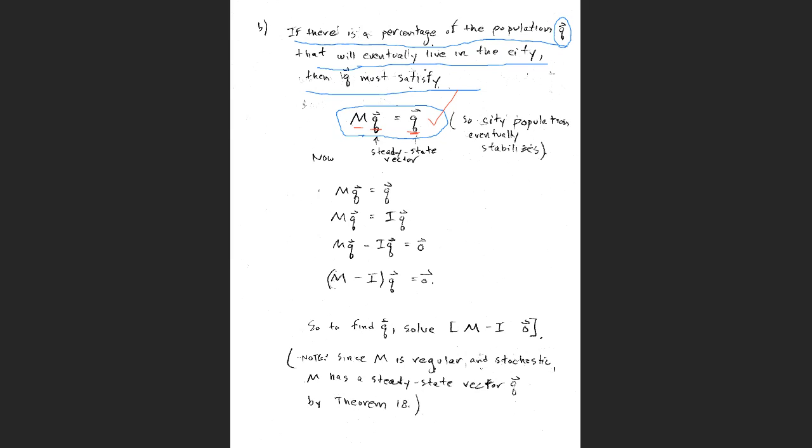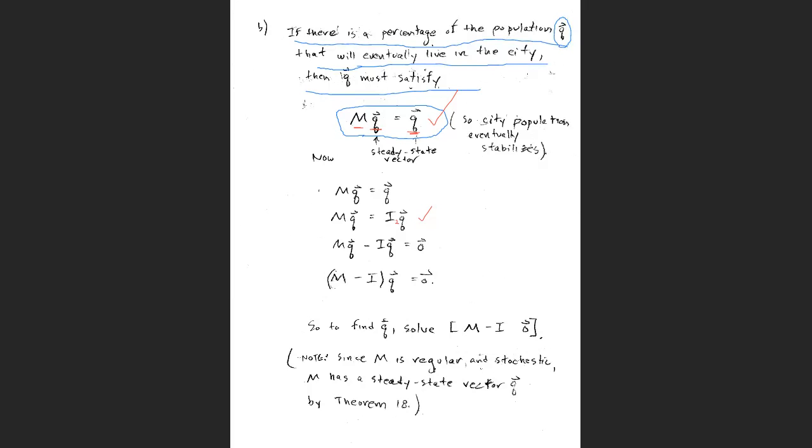M times Q equals Q. This is the vector Q we're looking for. Remember, this is the steady state vector. This isn't true for a vector in general, but for the steady state vector Q, it is true. But look what I can do on the right side. I can write the vector Q as I, the identity, times Q. But why would I want to do that?